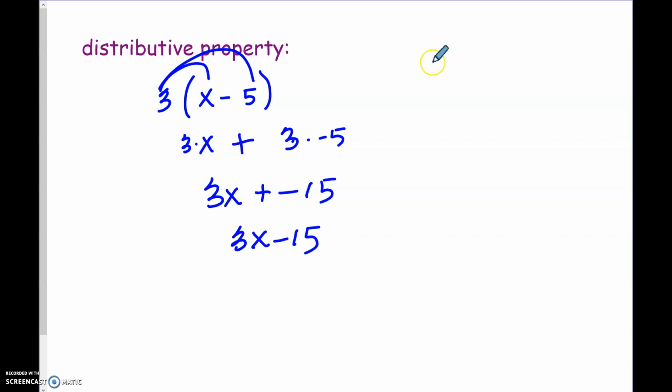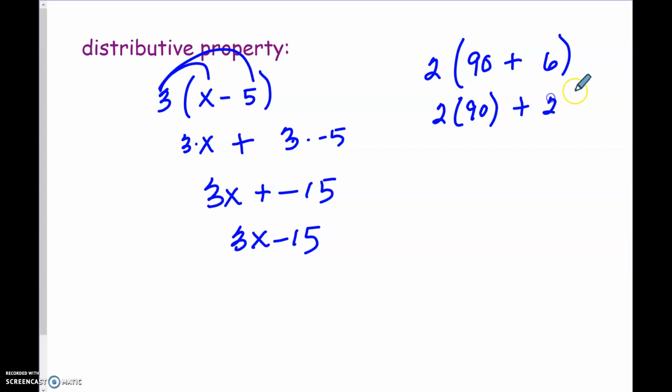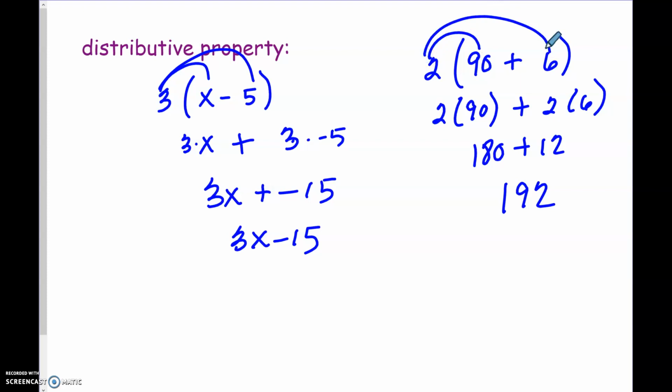I can also do that with numbers. If I take 2 times 90 plus 6, I can take 2 times 90 plus 2 times 6. Whoops, that's not a 90, that's a 2. So I have 180 plus 12, which is 192. That's distributing, or bringing something in to all parts.